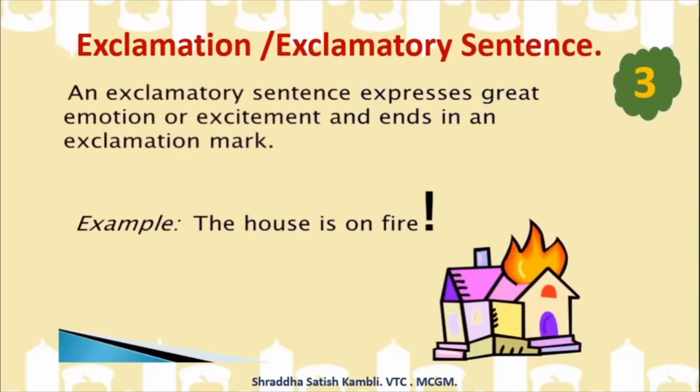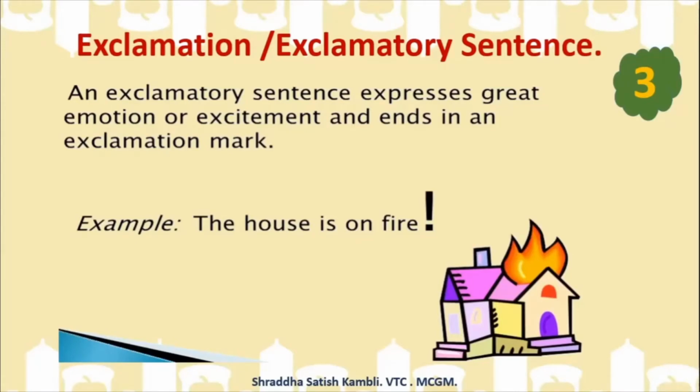Okay? Exclamatory sentence expresses great emotion or excitement, and it ends with an exclamation mark. So whenever a sentence ends with an exclamation mark, you have to just check once whether it is a command. If it is not a command, then it means it is an exclamatory sentence.